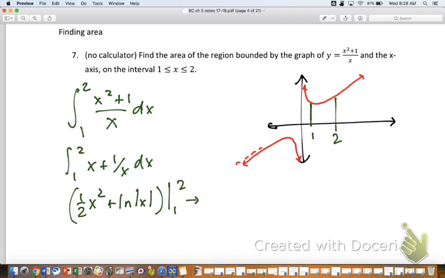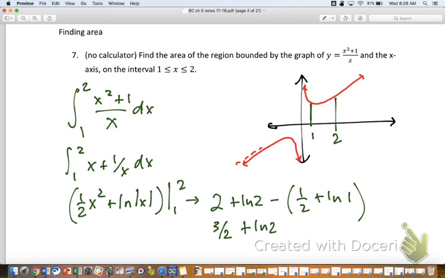So you plug in the 2, it would be 2 plus natural log of 2, minus 1/2 plus natural log of 1. The number one question as I walked around, asked of me 3 times: what's the natural log of 1? It's 0, right? Yeah, 0. So we want to be clear about that sort of thing. Of course, 2 minus 1/2 is 3/2. So it'd be 3/2 plus natural log of 2 for our final, most simple looking area.